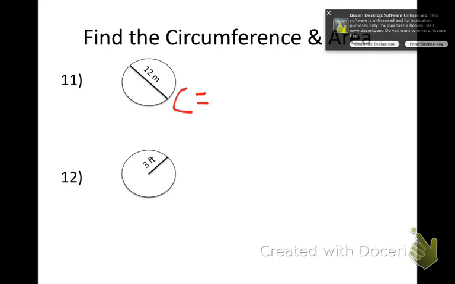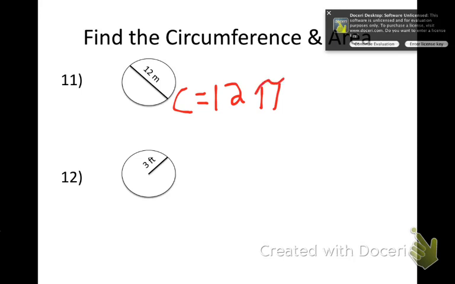Circumference, sir. Anna? 12 pi, because we use diameter.